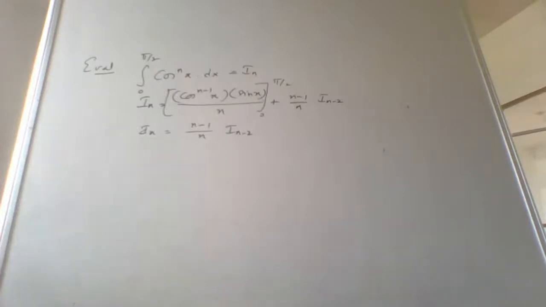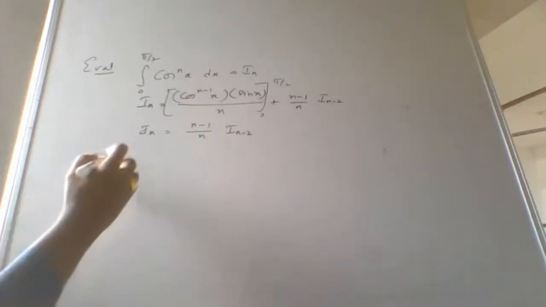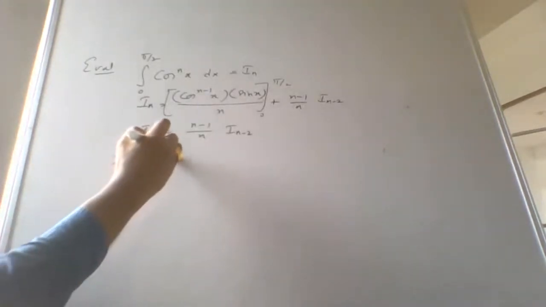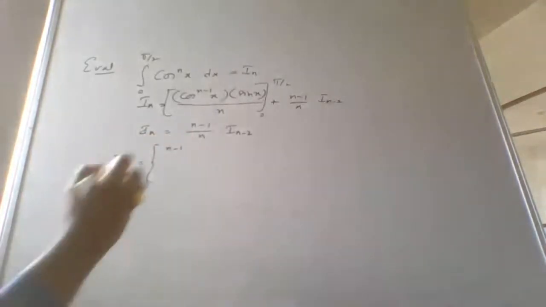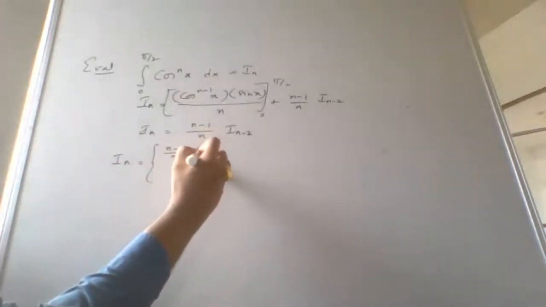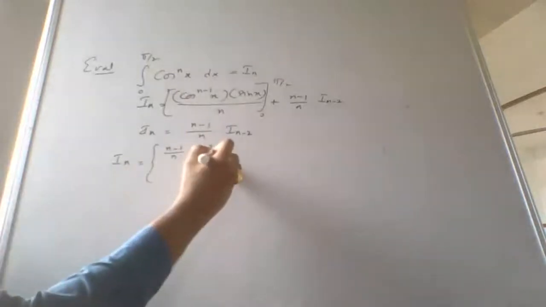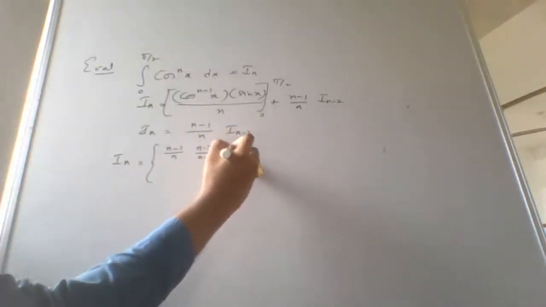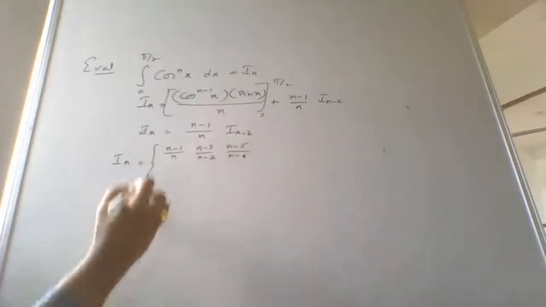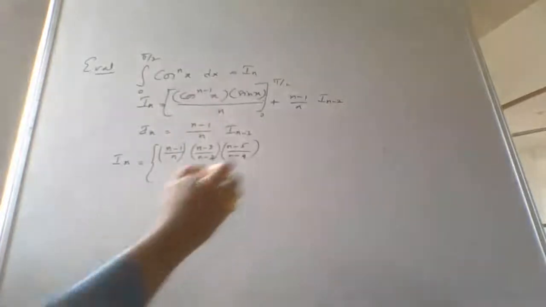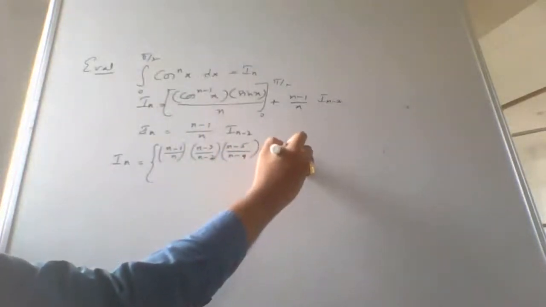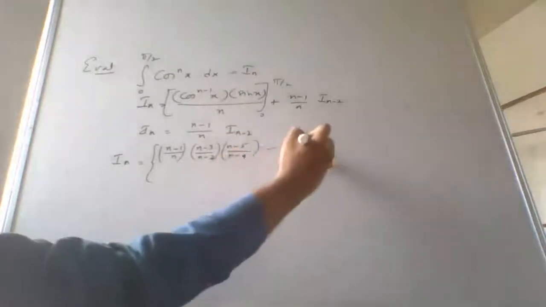Now further, if I try to obtain the results, we get I n as n minus 1 by n, and n minus 3 by n minus 2, and n minus 5 divided by n minus 4, the whole thing multiplied, and finally I'll have 2 by 3 I 1.